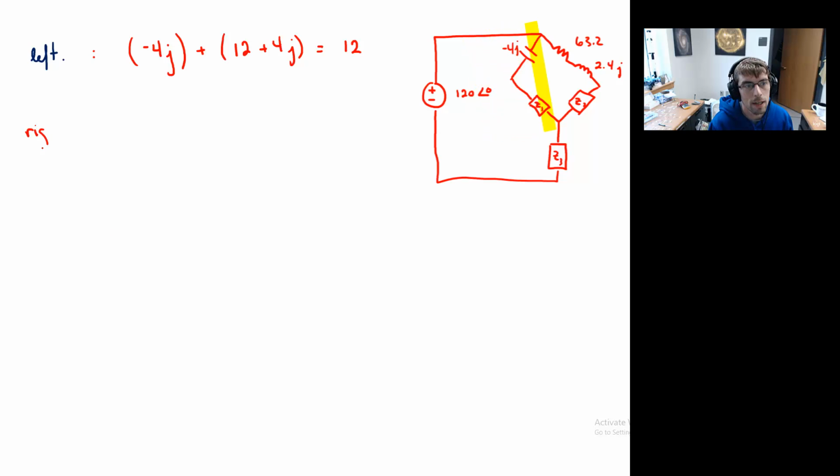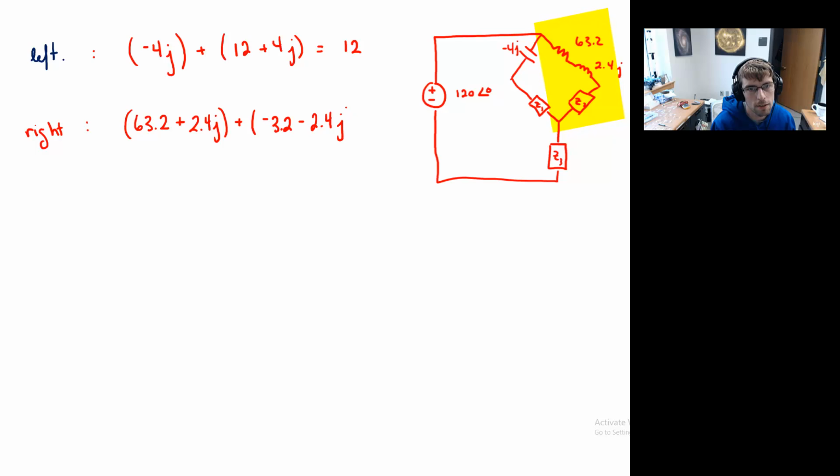And our right branch, we have 3.2 plus 2.4j. So that's the resistor and then the inductor. And then added to that, we have Z2, which was something along the lines of negative 3.2 minus 2.4j. And so we see the imaginary stuff cancels out and we end up with 60.